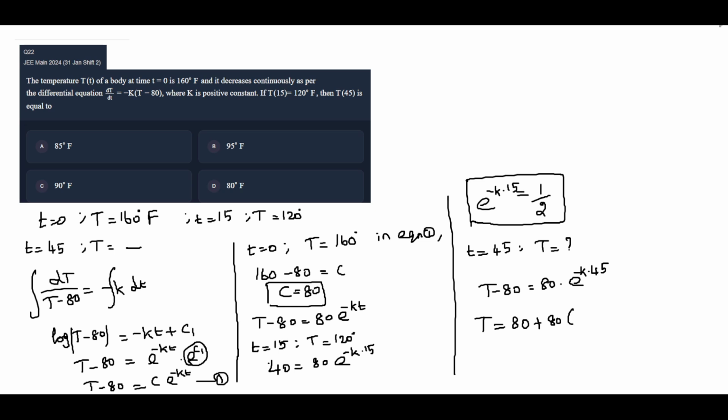You have to write it like e power minus k into 15 whole cube. So 80 plus 80 into 1 by 2 cube, so 80 plus 10, that is 90 degree Fahrenheit. So C is the choice.